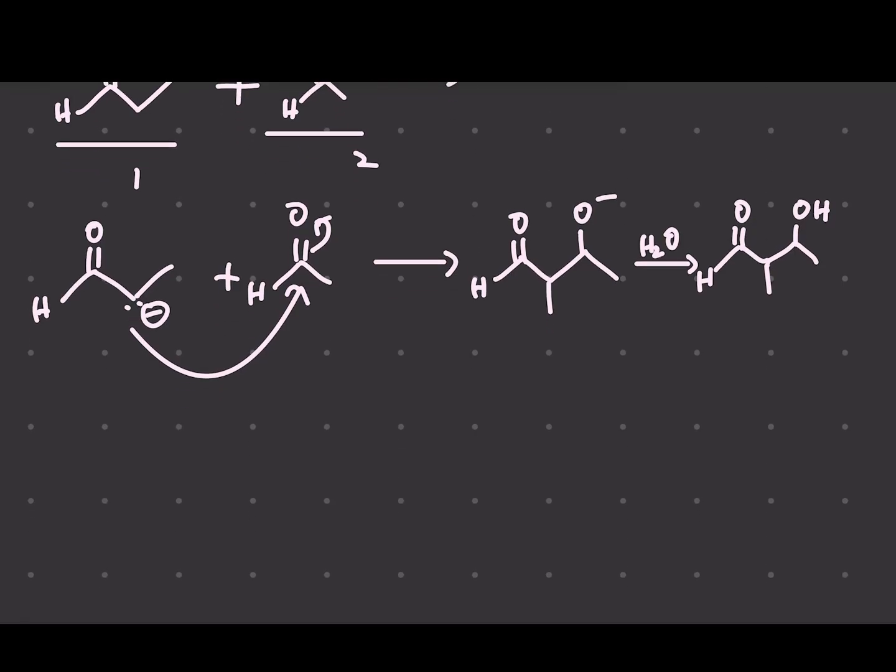This will then undergo condensation, where it will be heated under basic or acidic conditions. And this is going to give us an alpha beta unsaturated aldehyde.